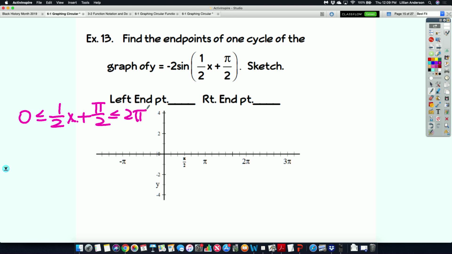How do I solve for x? Subtract pi over 2 from both sides. So this is negative pi over 2 less than or equal to 1/2 x less than or equal to what? 3 pi over 2.